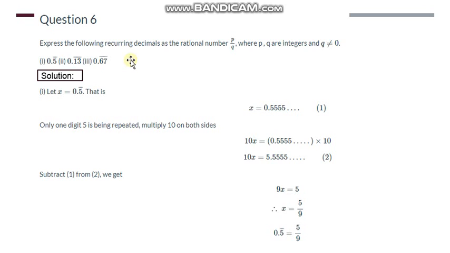It means both digits are repeating, 0.131313. Similarly 0.67, 67, 67 and so on. In this question we are going to convert these recurring decimals into a rational number in the form of P over Q, you can say a fraction.